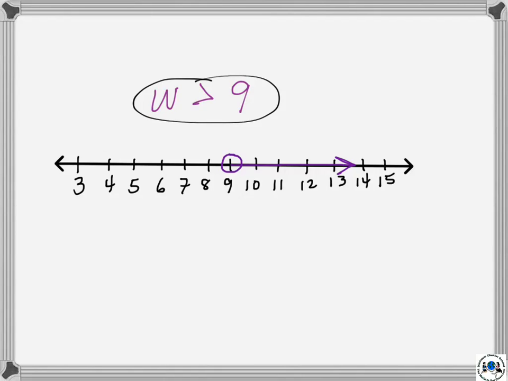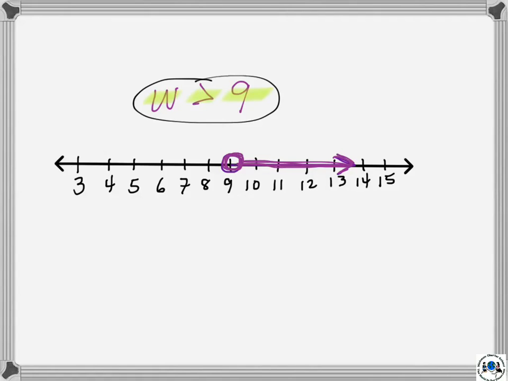You can see now when I did my graphing, I used the open circle. The open circle designates that this 9 is not included in the solution, because W needs to be greater than 9.